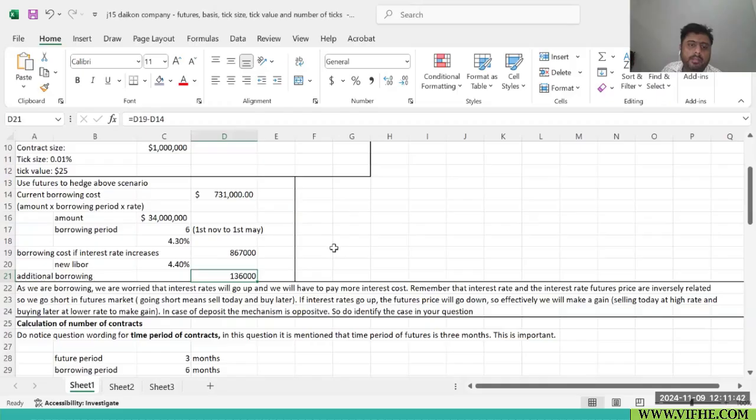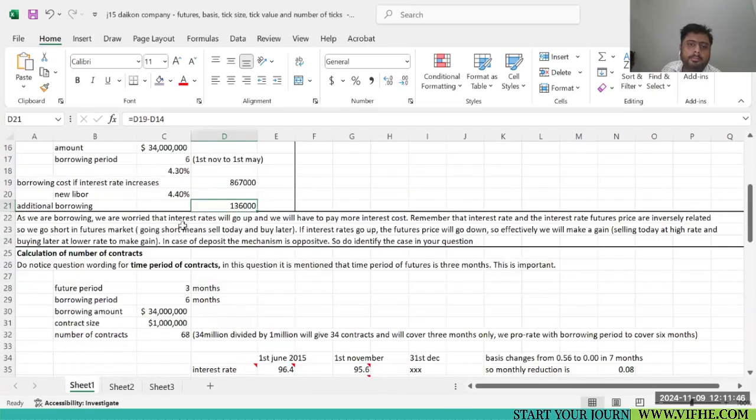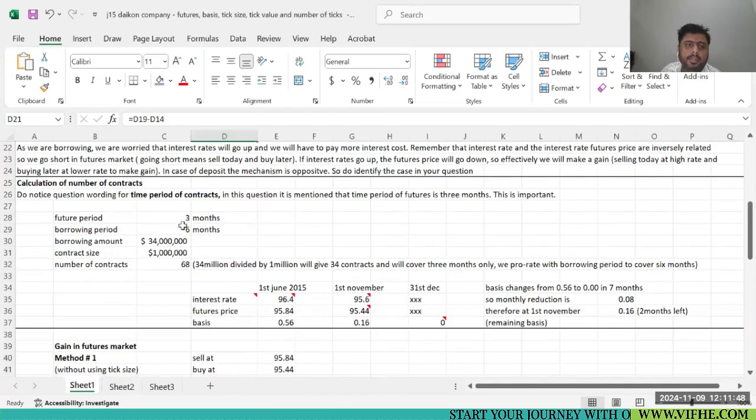Okay, number of contracts calculation is coming ahead. Let me explain it. First, read this line. It says, as we are borrowing, we are worried that interest rates will go up and we will have to pay more interest cost. Remember that interest rate and interest rate future prices are inversely related, so we go short in the futures market. Going short means sell today and buy later.